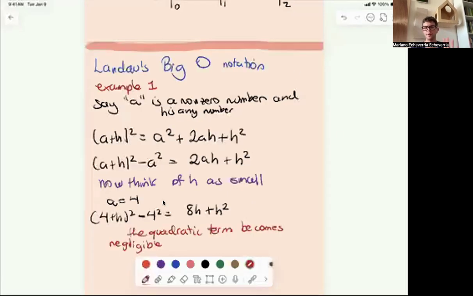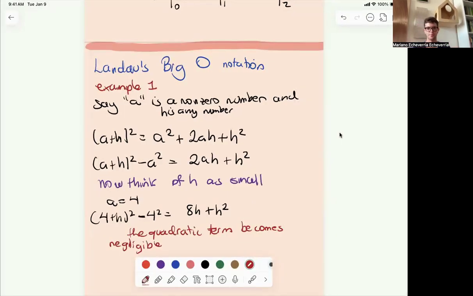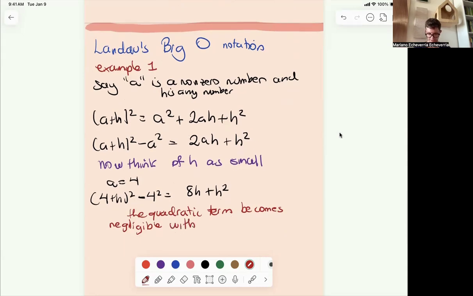What I mean by that is it can be ignored for all numerical purposes with respect to the linear term.